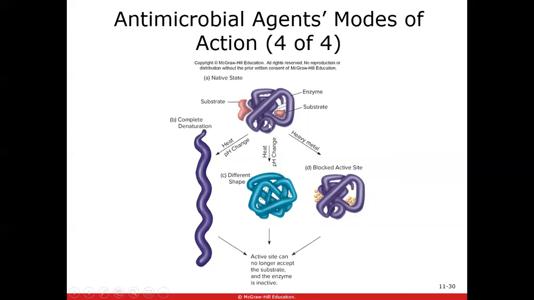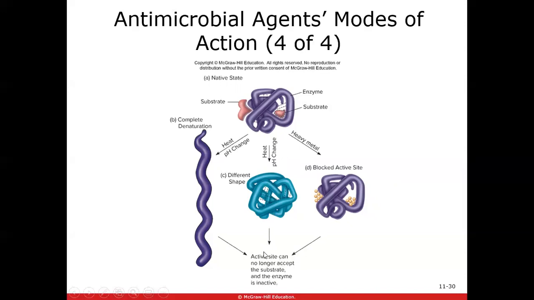Then with heat or pH change, if it didn't completely denature the enzyme, it can also just change its shape. This is the shape that's needed to act on this substrate and this substrate. If you change the shape enough that it doesn't act on the substrates it was made for, once again, it deactivates it.